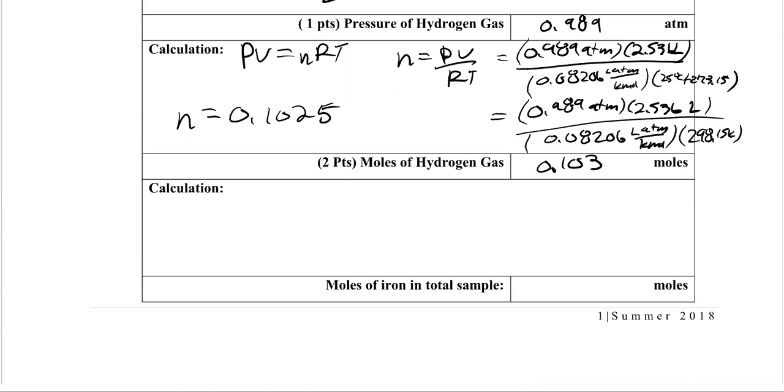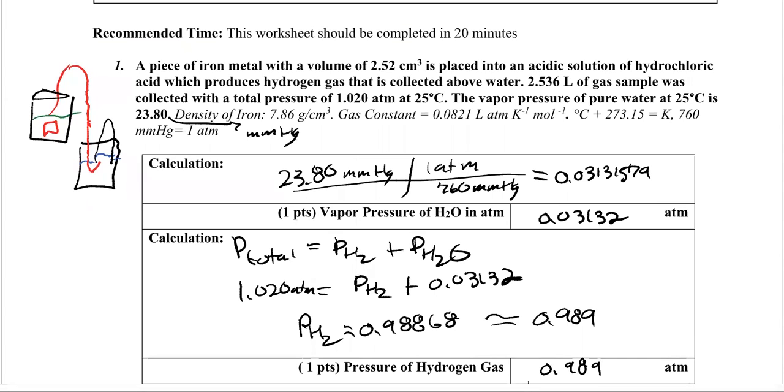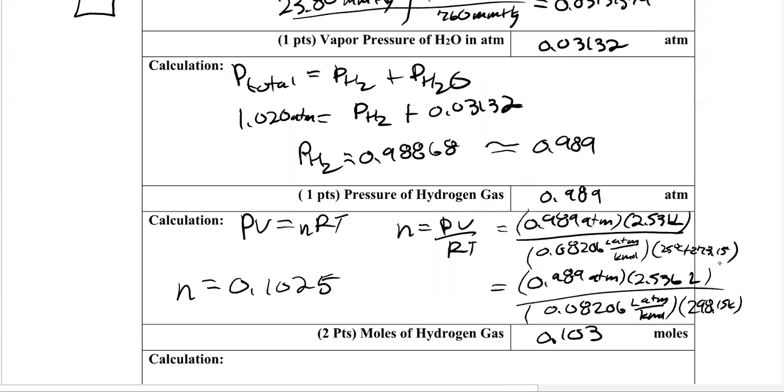Now, it's asking us about the moles of iron in the total sample. So we want to go back and think about how our iron showed up. Our iron in this case was a solid metal, and we know the volume of it, but how can we get to moles?